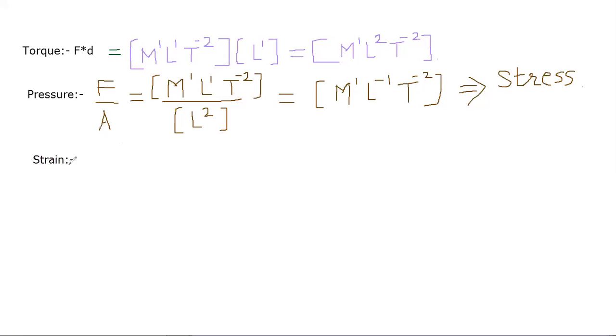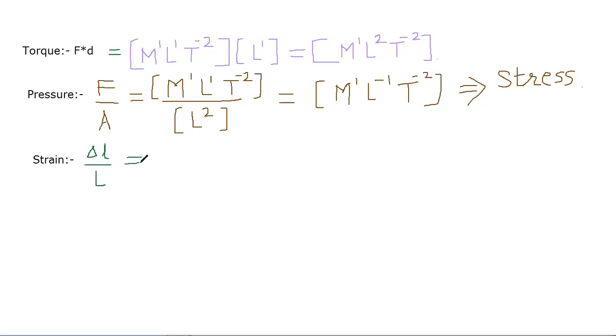So what is strain? Strain is change in length divided by original length. That is your change in dimension divided by the original dimension. That is delta L divided by capital L. Change in length divided by original length.